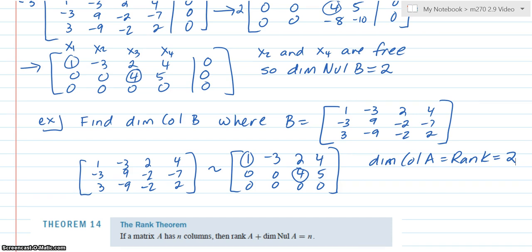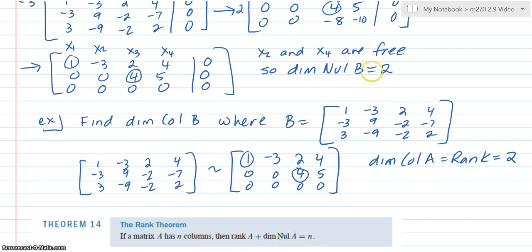It turns out, there are 4 vectors here, and the rank of A and the dimension of the null of A are always going to add up to the number of vectors. If matrix A has n columns, then the rank of A plus the dimension of the null of A is n.